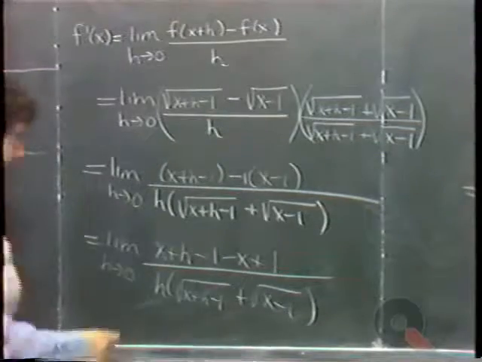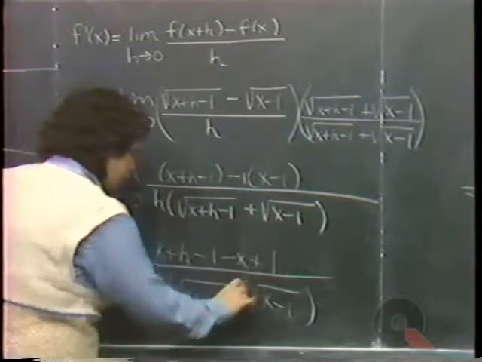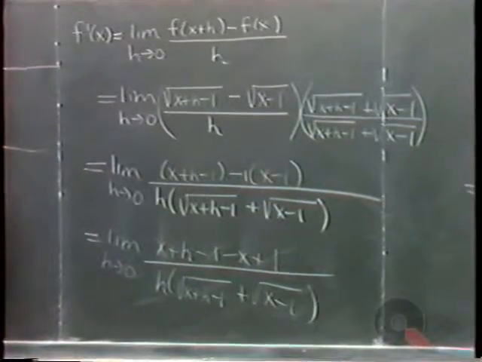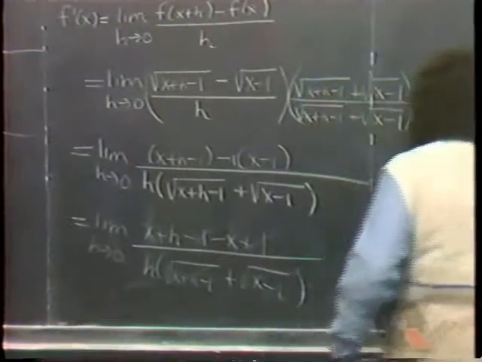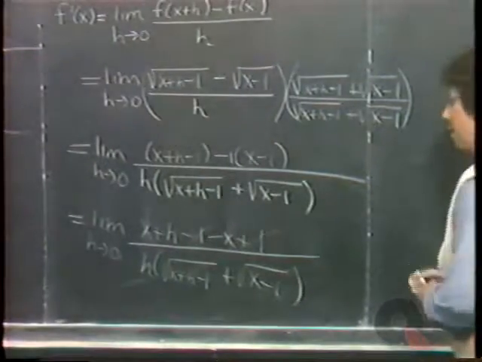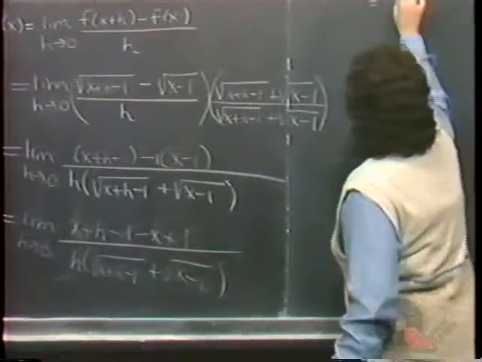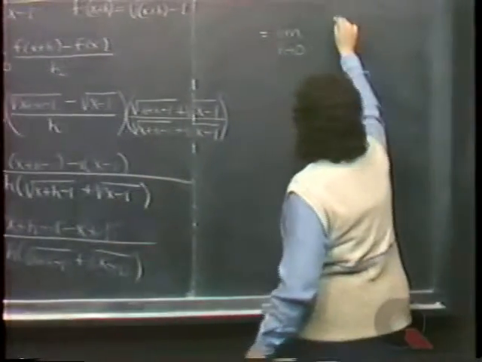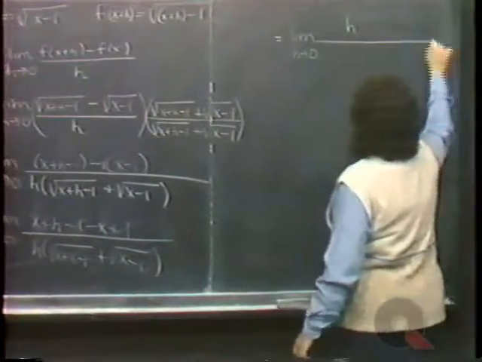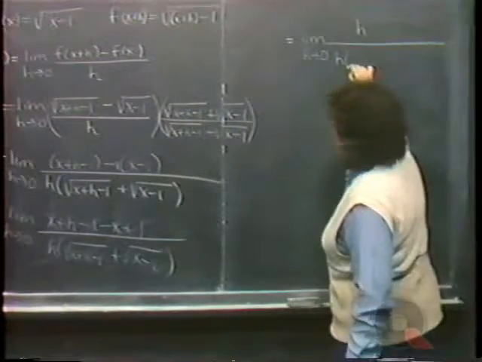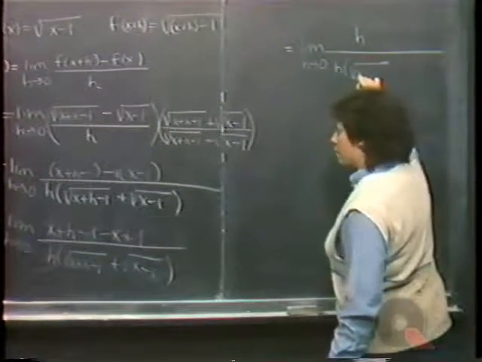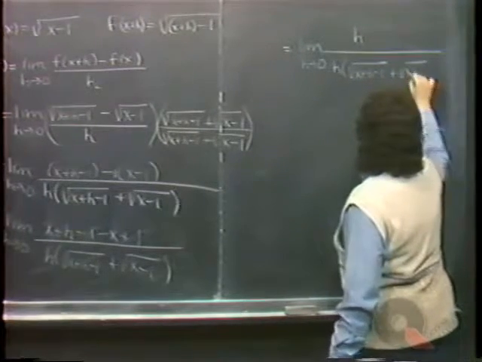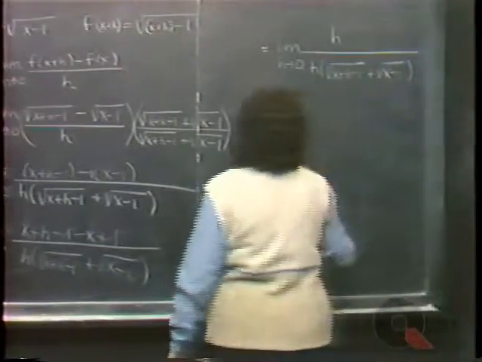The x's cancel out, and the plus 1 and the minus 1 cancel out. So what we're left with here is the limit as h approaches 0. We have on top just an h over h times the sum of the square roots. Square root of x plus h minus 1 plus the square root of x minus 1.